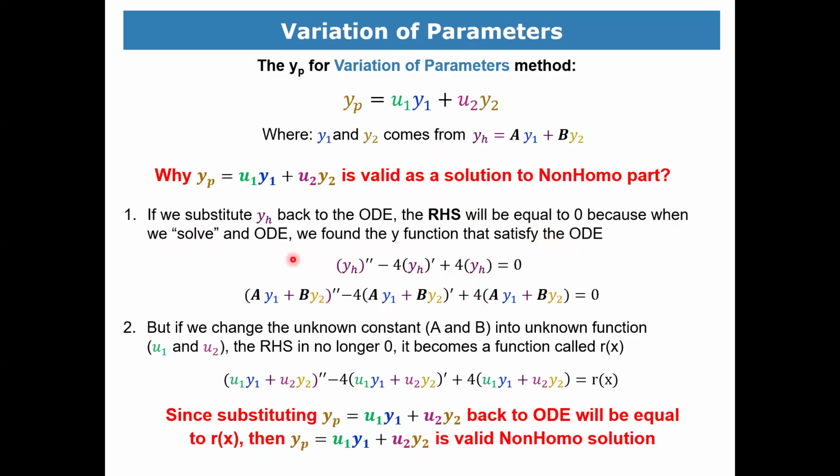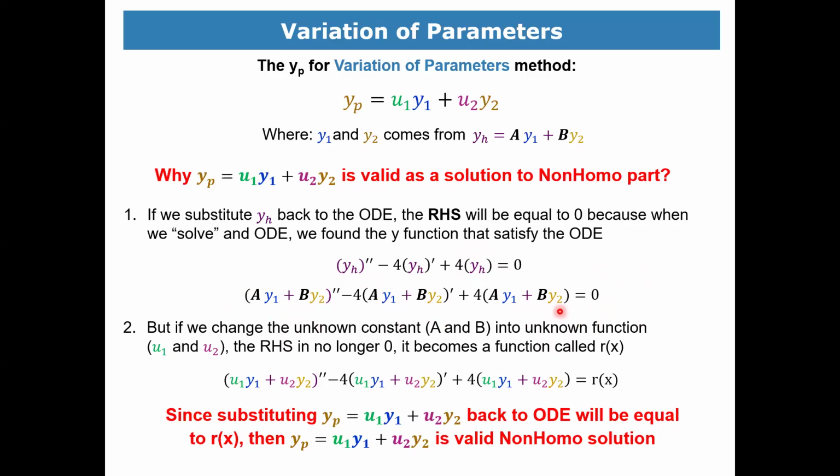So when we put YH back into the ODE, where YH here is A y1 plus B y2, we will get the right hand side equal to 0. When we compute these values, we will get 0.